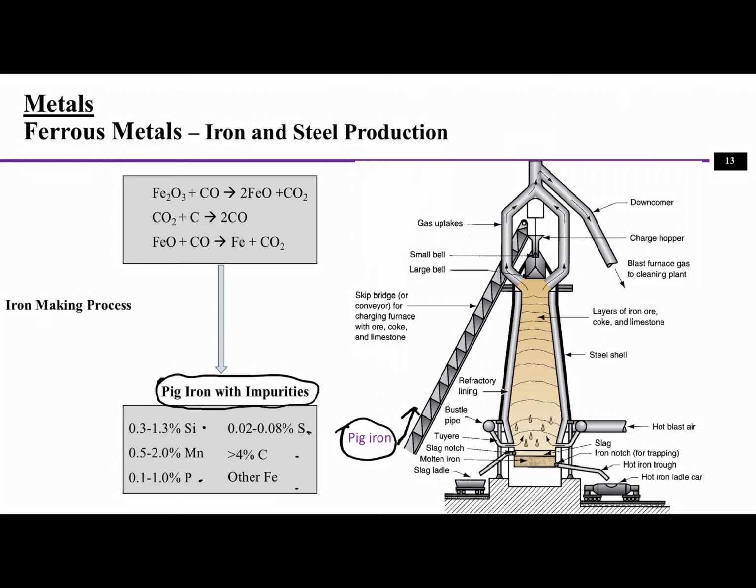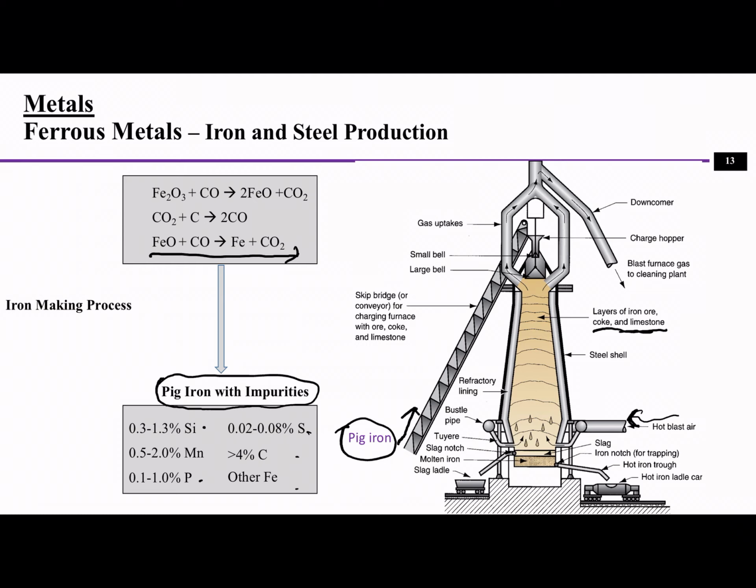And these are different layers of iron ore, coke, and limestone. So these are raw materials, and then it has really high heat in this environment. And there's the hot blast air getting into this shell. The air includes oxygen, and oxygen will react with carbon to form carbon monoxide, and then there are some reactions, for example this kind of reaction, to get pure iron.